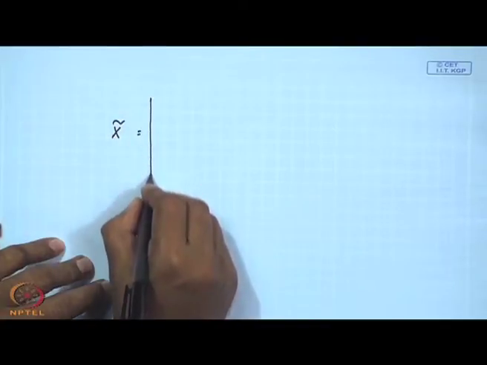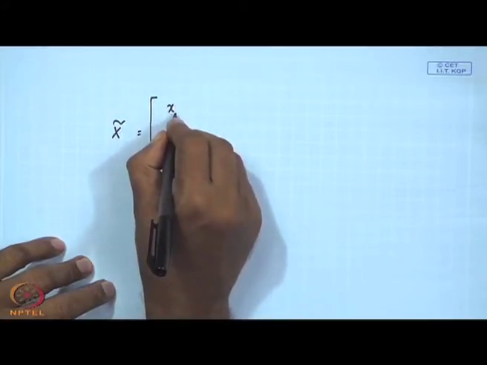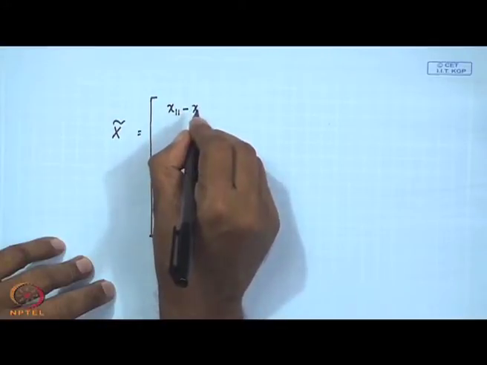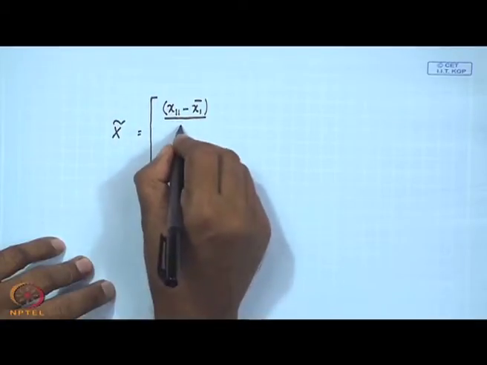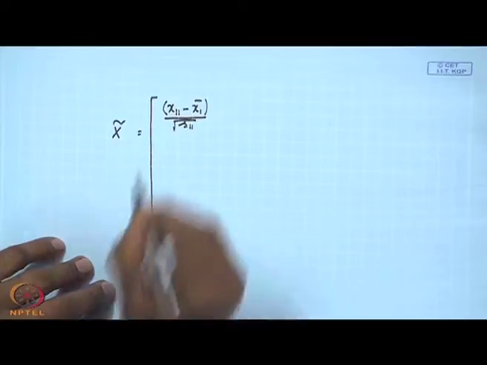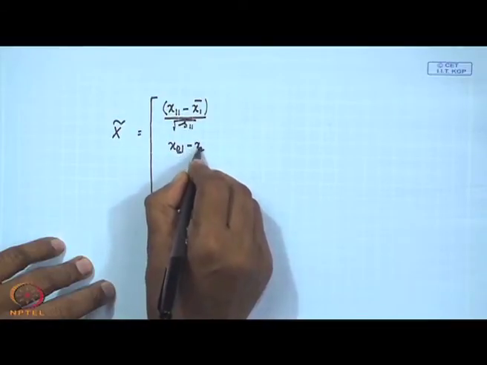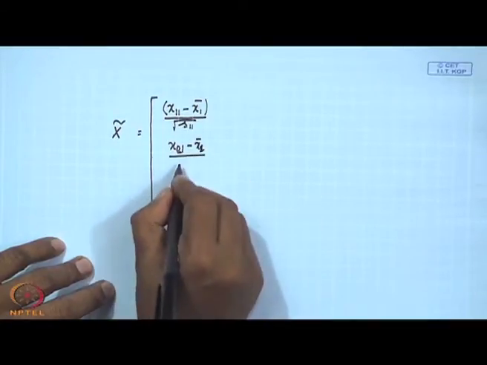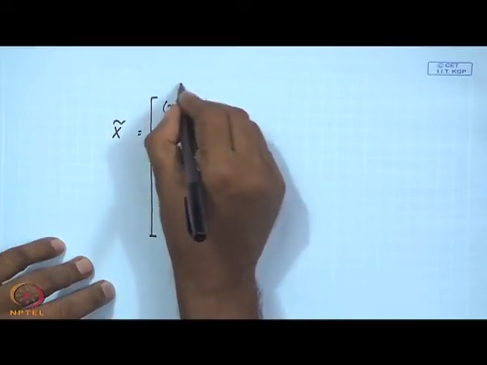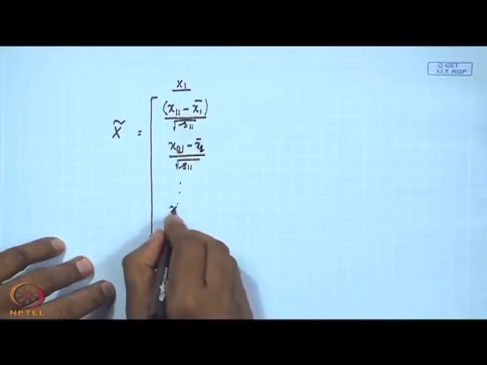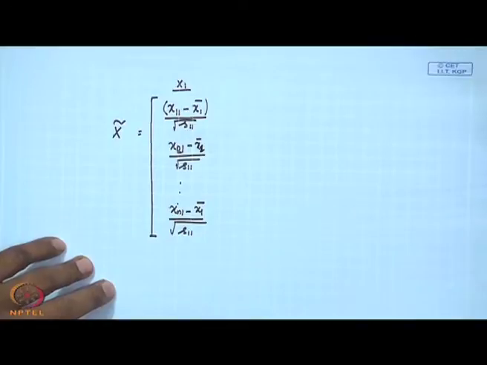This one will look like this: x 1 minus x 1 bar divided by square root of s 11, then x 2 minus x 1 bar divided by square root of s 11. In the same manner, for all the observations in the first variable, x n1 minus x 1 bar divided by square root of s 11.